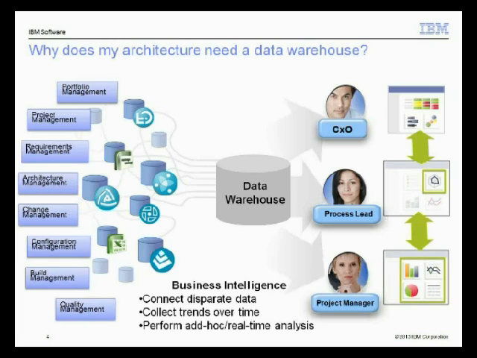It's the key to connecting these disparate sources, seeing trends over time, and performing ad hoc real-time analysis when those key pieces of data are collected and sitting in one repository, as opposed to having to go out to multiple different repositories to do that cross-tool analysis, which wouldn't have very good performance. That's the need for a data warehouse.